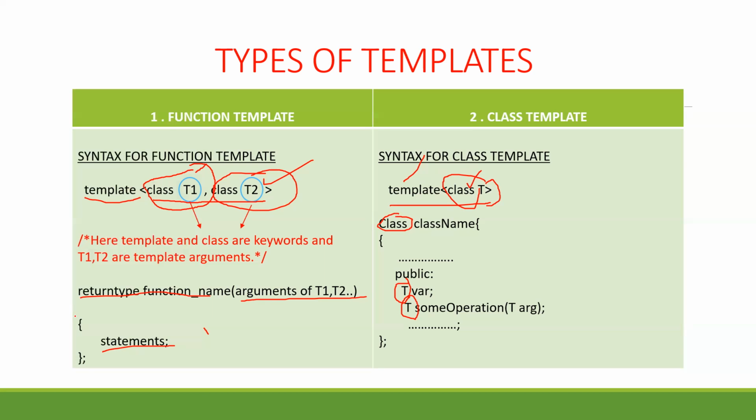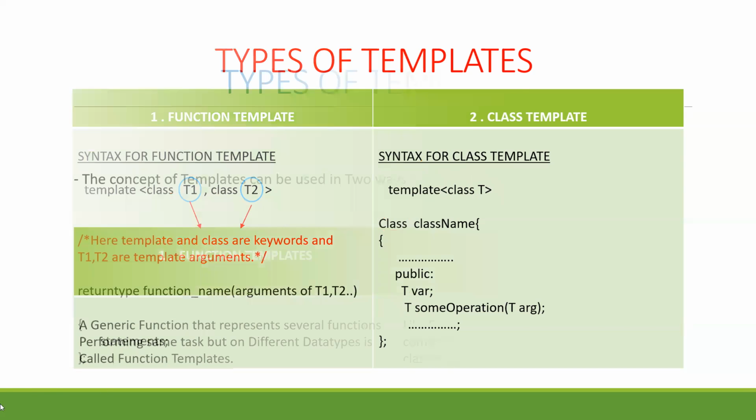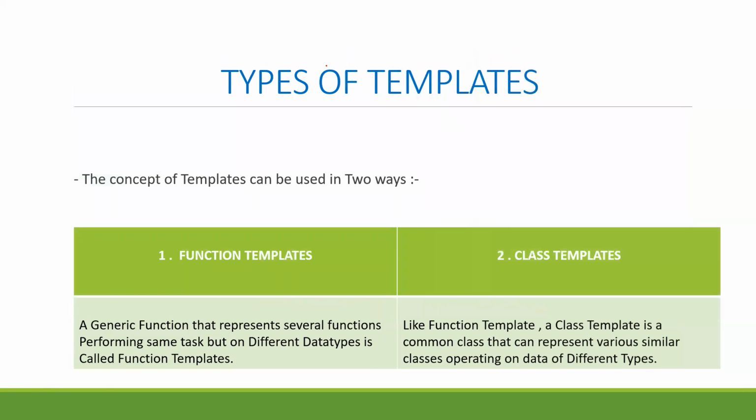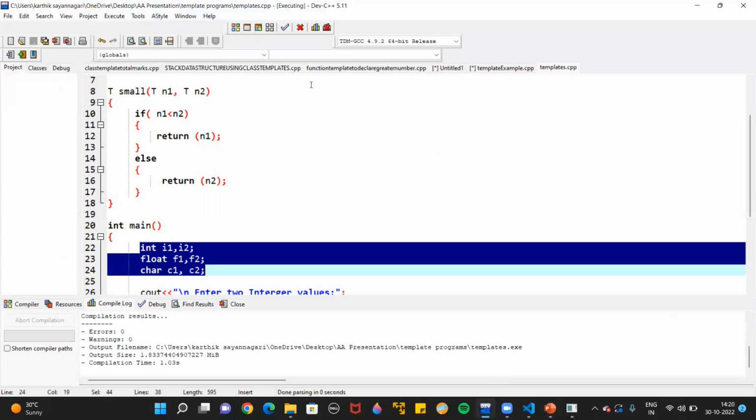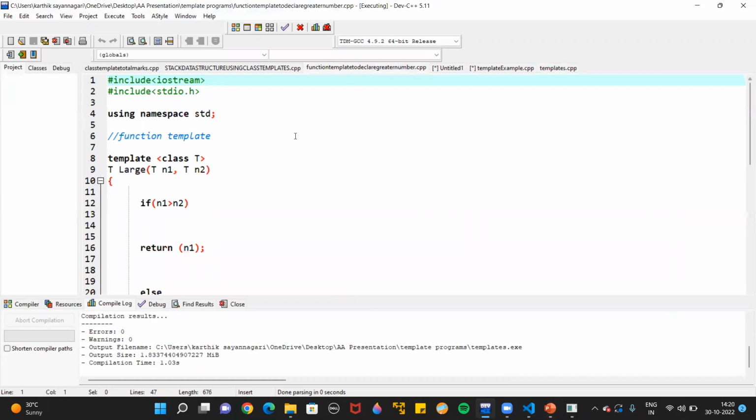Now we'll see the function template example program and also the class template example program. So this is an example program on the function template to find the greater number.